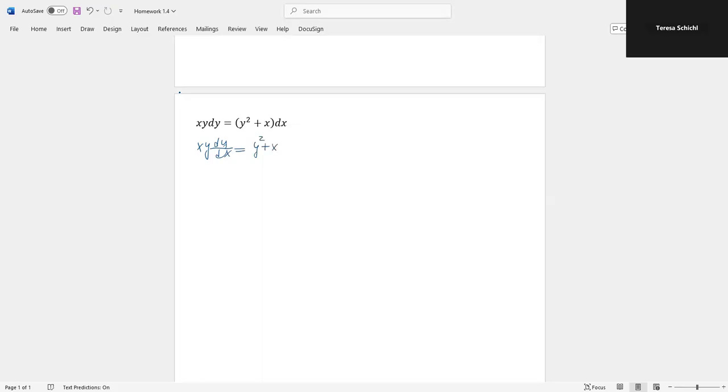Then I will simplify a little bit more, moving the xy term over, so now I have a clear view of dy/dx. My right-hand side is (y squared plus x) over (x times y), right? So I can separate this into y squared over xy, plus x over xy.